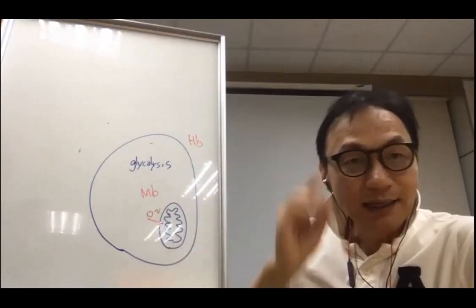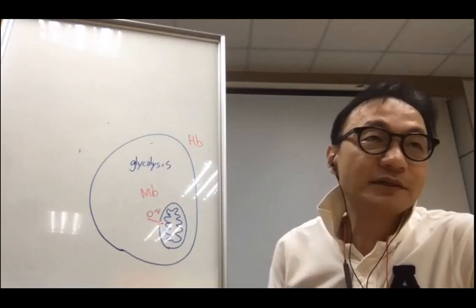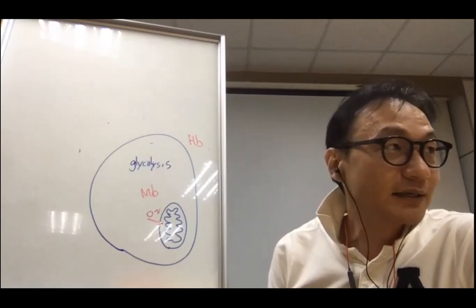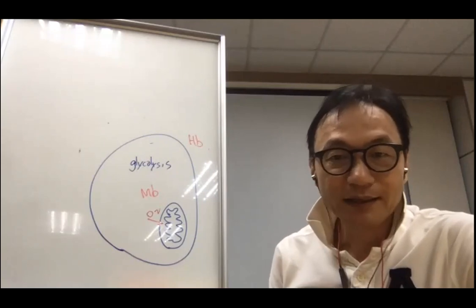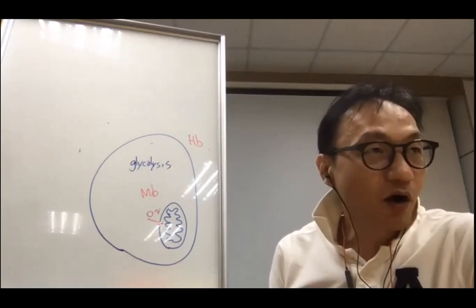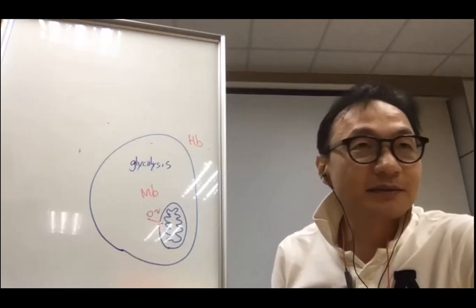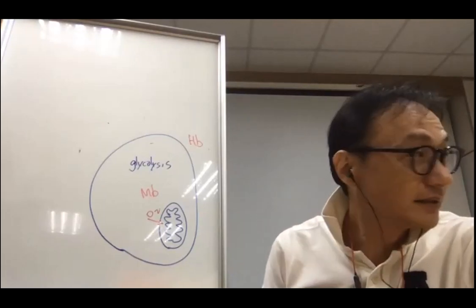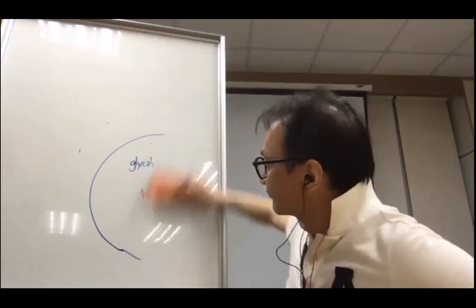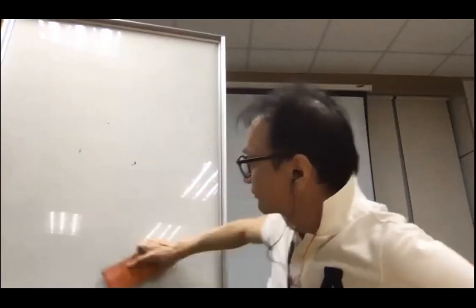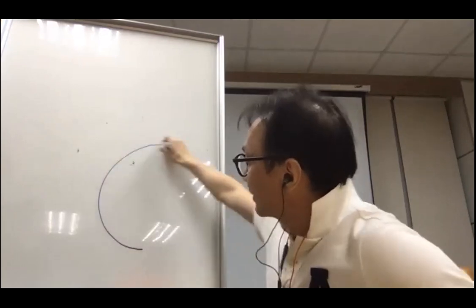Okay, I would like to emphasize, if you look at muscle fiber and you just do a cross section, you will find that not all muscle fiber has many mitochondria. Just to give you one example, you have a muscle cross section right here.